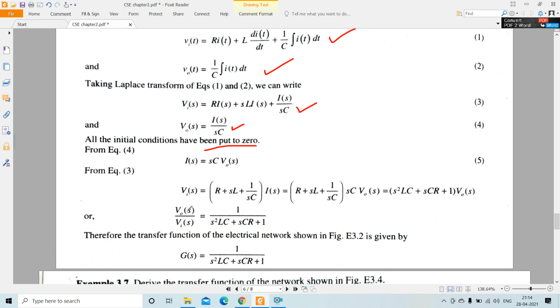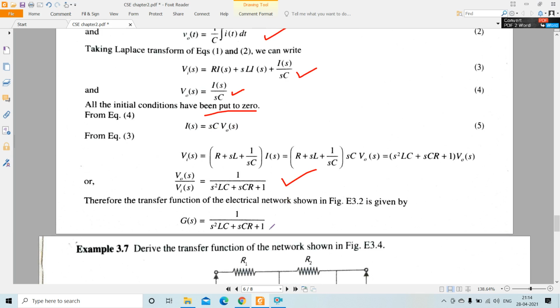Now we need to find the transfer function. It is V0(s) by Vi(s), output by input, is equal to 1 by s squared LC plus sCR plus 1. So this is our transfer function. Finally, the transfer function of the electrical network is given by G(s).